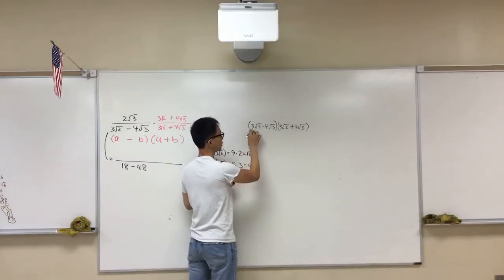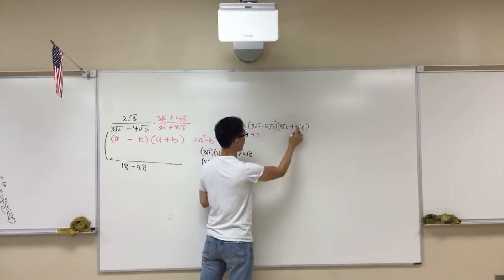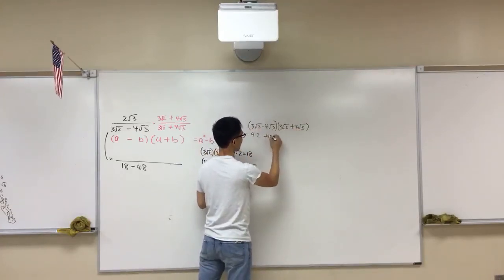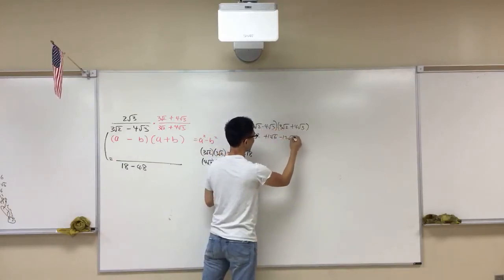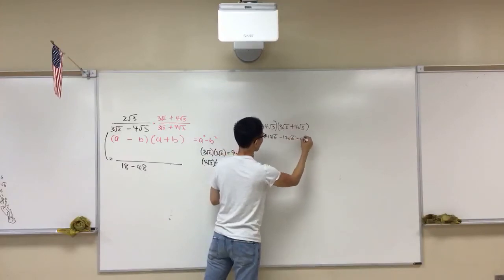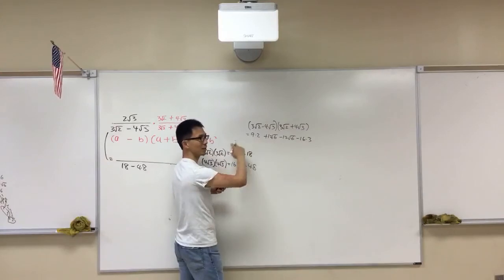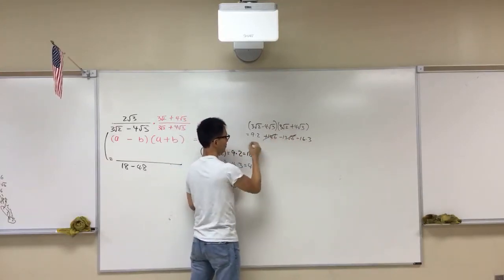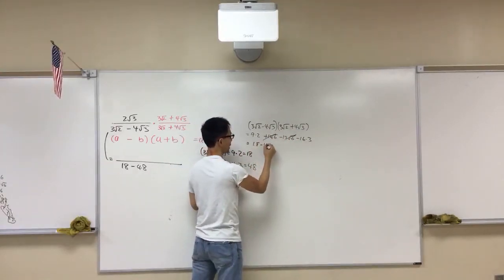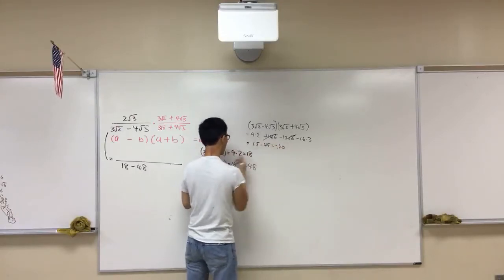This one's 9 times 2, and this one's going to be 12 square root of 6, and then minus 12 square root of 6, and then you're going to do 4 times 4 is 16 times 3. You see how much hassle this is? Or you could have 18 minus 48, you still get negative 30. So why should you go through that?